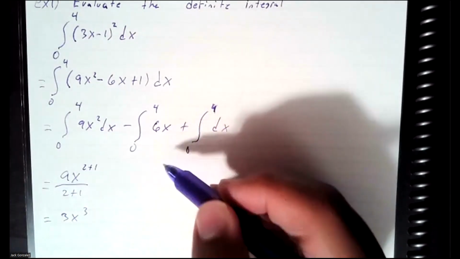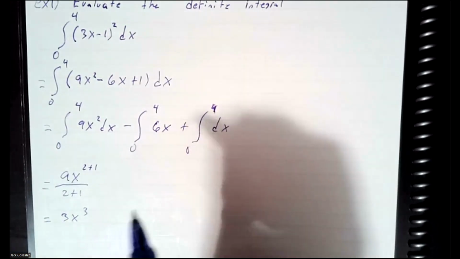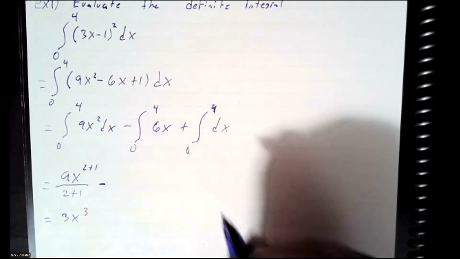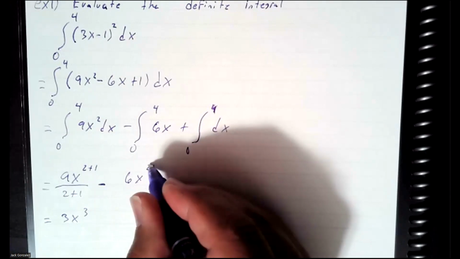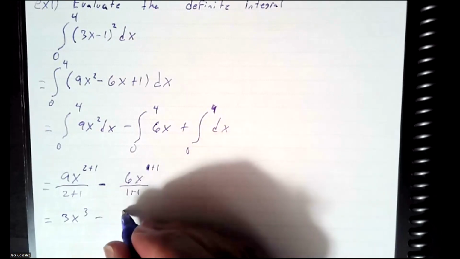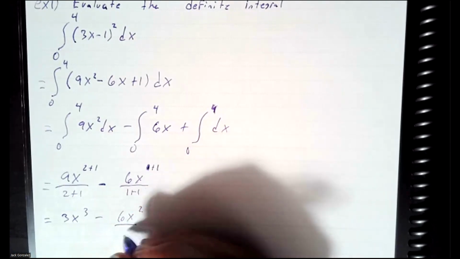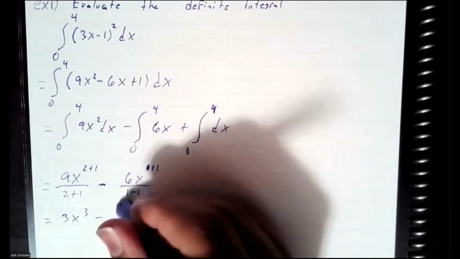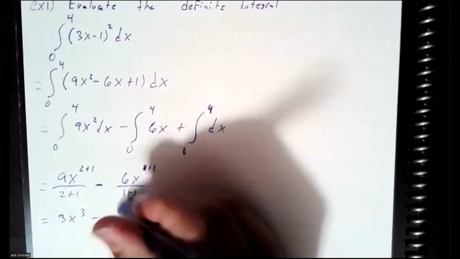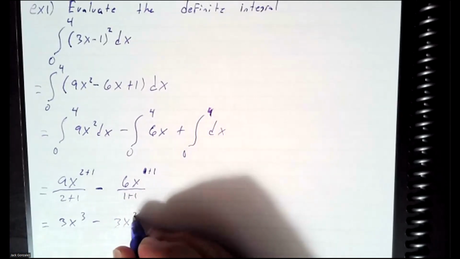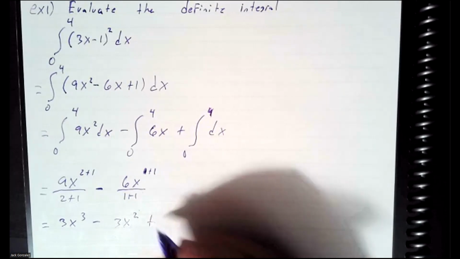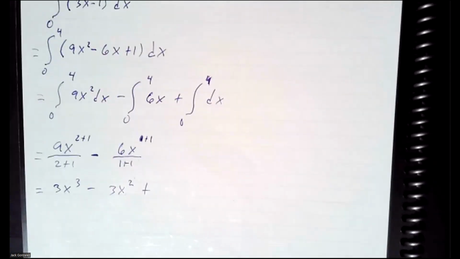What's this one going to be? That one is going to be 3x squared. Yep. Let's skip that step and just go straight to 3x squared right here. Gotta conserve your space, man, on my reusable pages here.